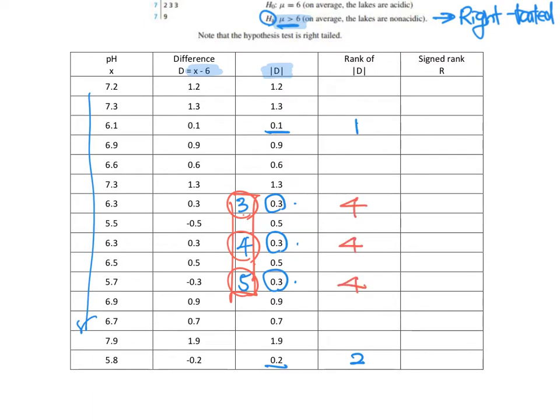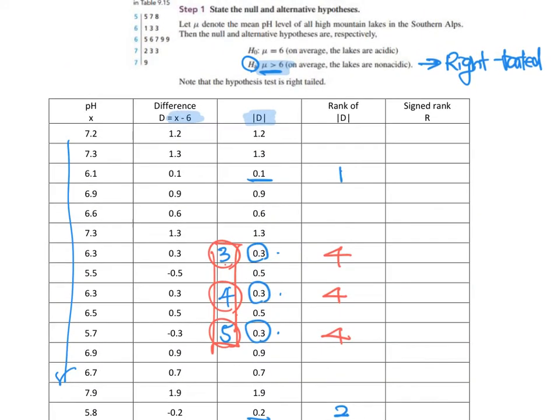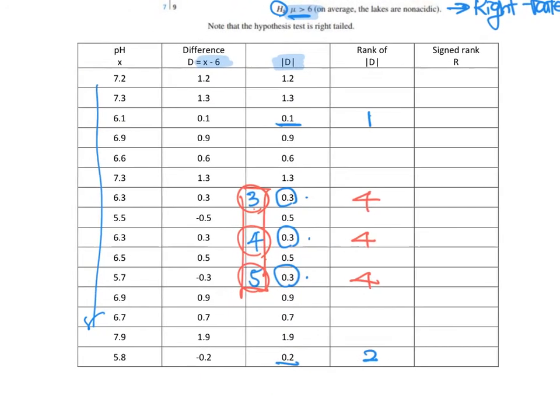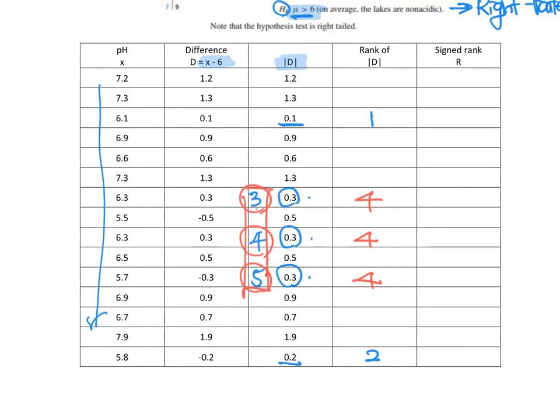And the next one is rank 6 for 0.5, but we have two 0.5s.